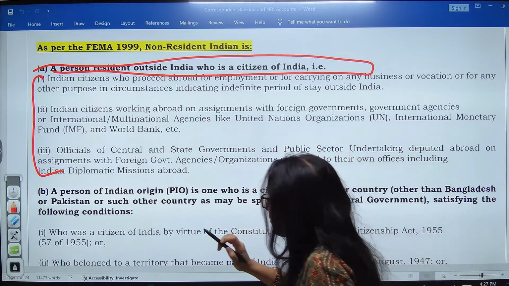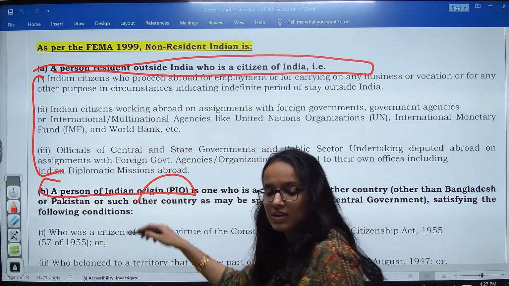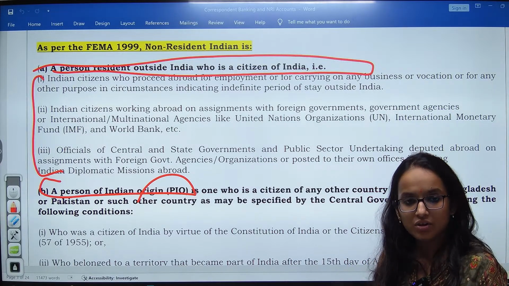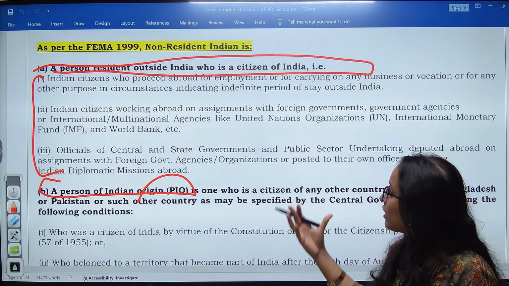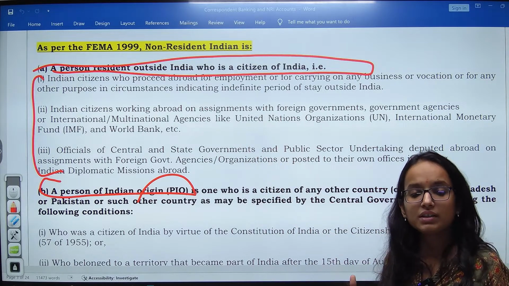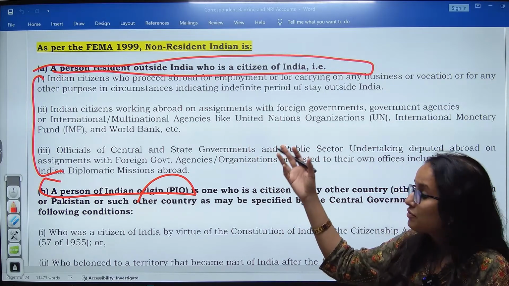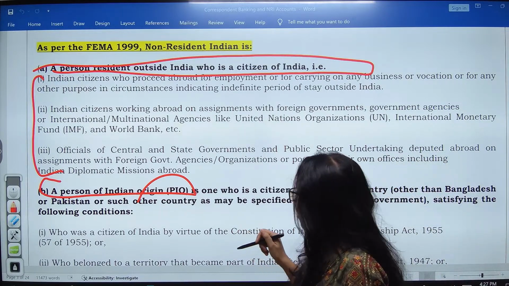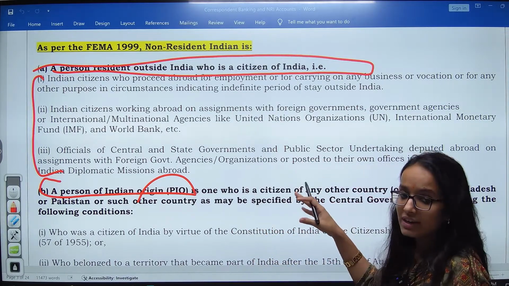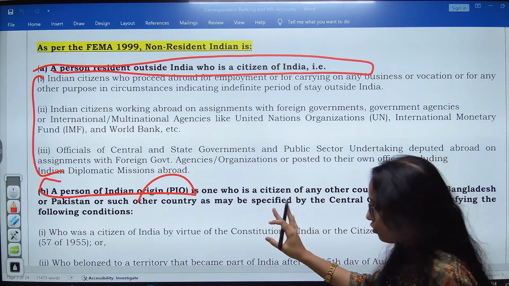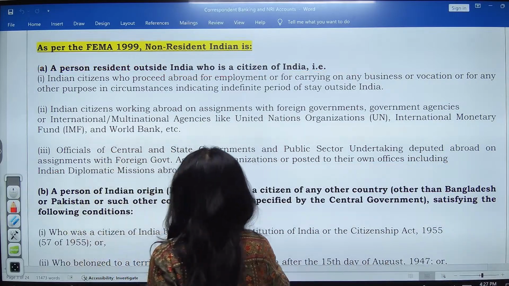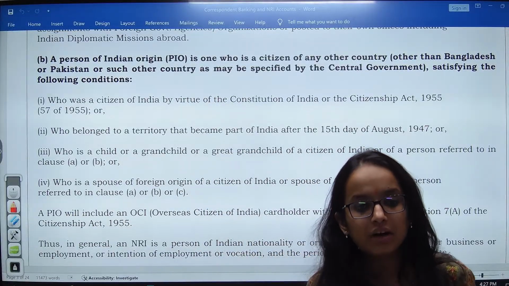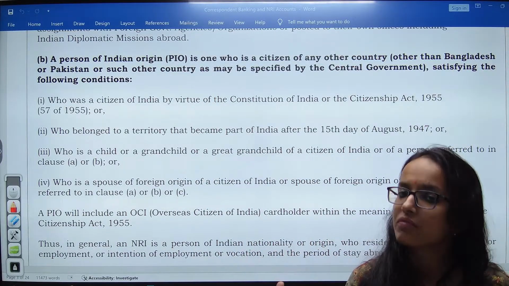But then the other thing, we have a person of Indian origin as well. So for PIO, for person of Indian origin, what are the criteria provided by the FEMA for the PIO? A person of Indian origin is not to be called an NRI, but to be called a PIO only, right? Now, what are the provisions under FEMA for classification as person of Indian origin?